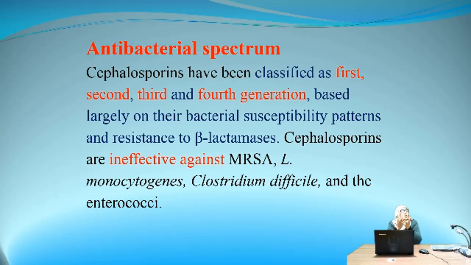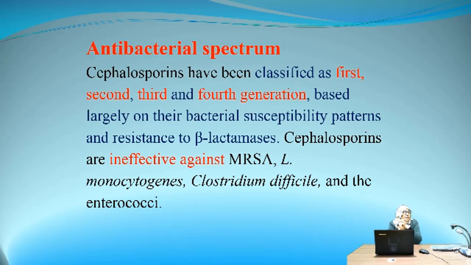The classification of cephalosporins is based on their bacterial susceptibility patterns and resistance to beta-lactamases. So the classification depends on two factors. Number one, bacterial susceptibility patterns. Number two, resistance to beta-lactamases.